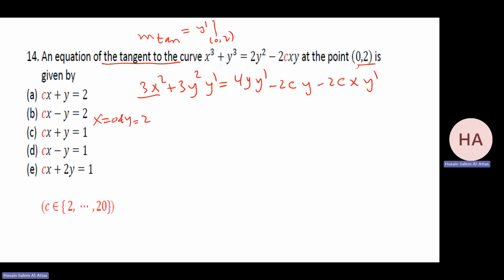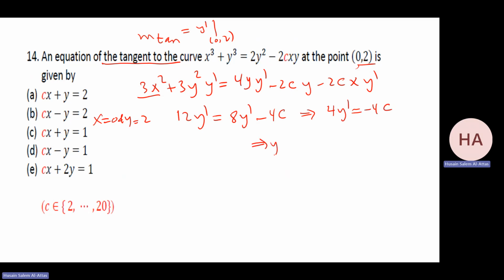Here I have 12y prime equals 8y prime minus 4c, and this is 0. So I have 4y prime equals minus 4c.